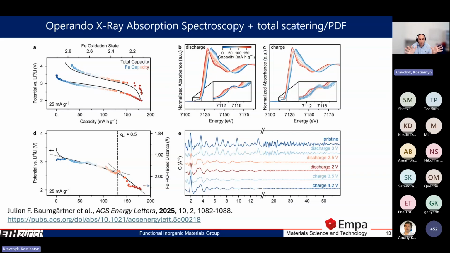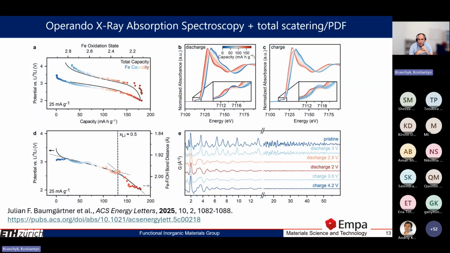So up to 0.5 moles of lithium you can insert, which can be considered as formation of solid solution, and then you start forming the secondary phases, which could be amorphous as well.